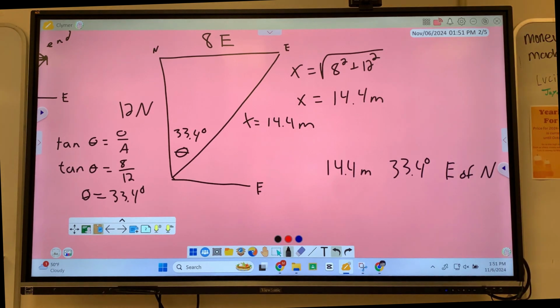Why did I put east of north in there? Because you're east of north. You're on the east side. That makes sense. Yeah, because now you know where you're drawing your angle from. Think of the other angle here. There's another angle in this problem that we didn't worry about because we don't care.